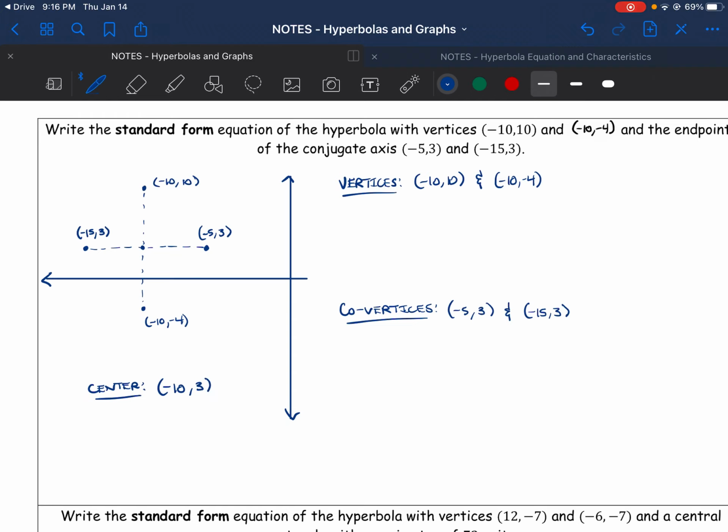Okay. Now, let's talk about the information that we can get just from these pieces of information alone. Knowing that the vertices are negative 10, 10, and negative 10, negative 4, a couple of things that tells us. It tells us that vertices are the endpoints of the transverse axis.